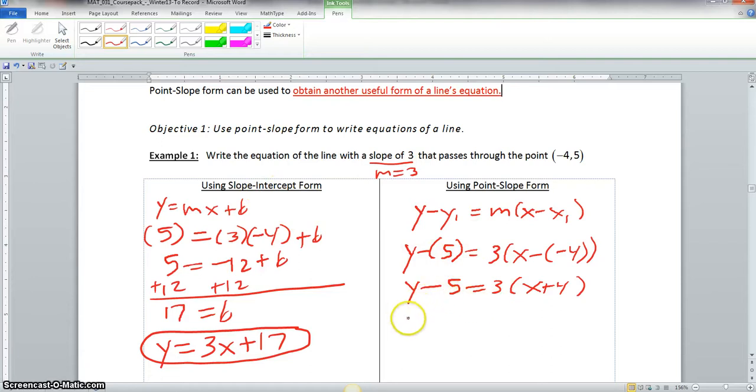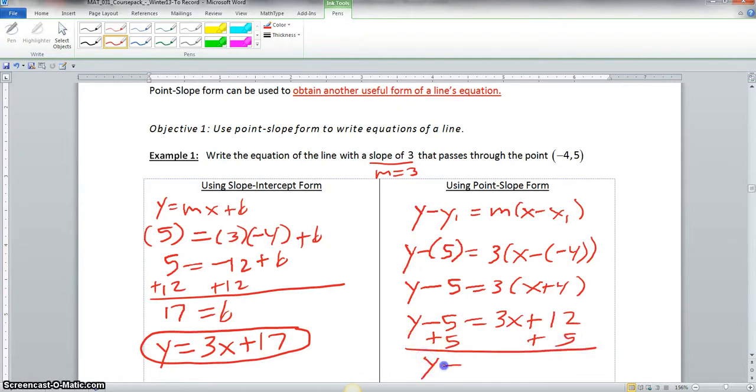So let's do that. We will have y minus 5 is equal to 3 times x, which is 3x, plus 3 times 4, which is 12. Now we will add 5 on both sides, and we will have y is equal to 3x plus 17. And you see both of these end up equaling the same thing.